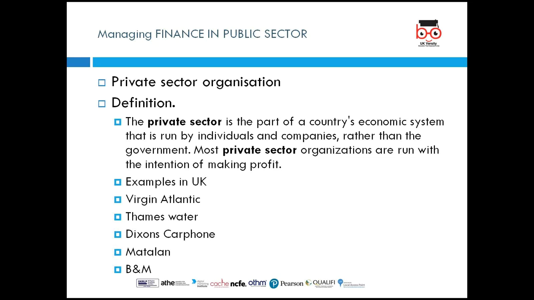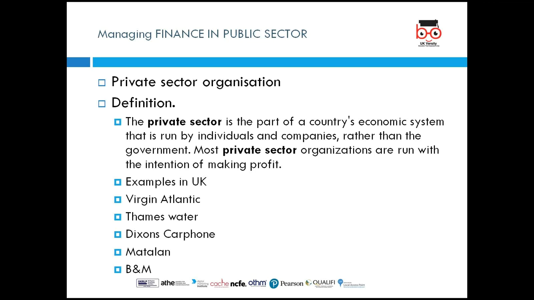Let's look at the details of a private sector organization. By definition, every private sector organization is part of the country's economic system that is run by individuals and companies rather than the government. And most private sector organizations are run with the intention of making profit. So profit is the key thing that we need to look at here when we talk about the private sector.